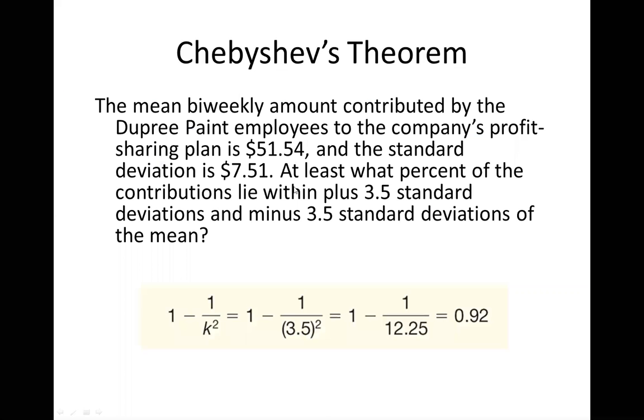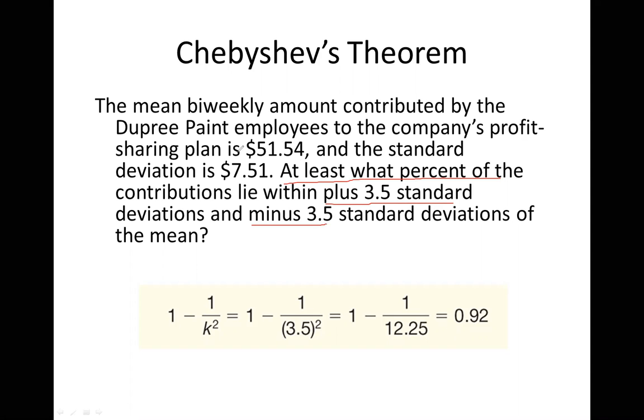So that's a very simple application. Say we have the bi-weekly amount contributed by the paint employees to the company profit, and we have the mean and standard deviation. The question now: at least what percent of the contributions lie within 3.5 standard deviations, plus and minus 3.5 standard deviations?